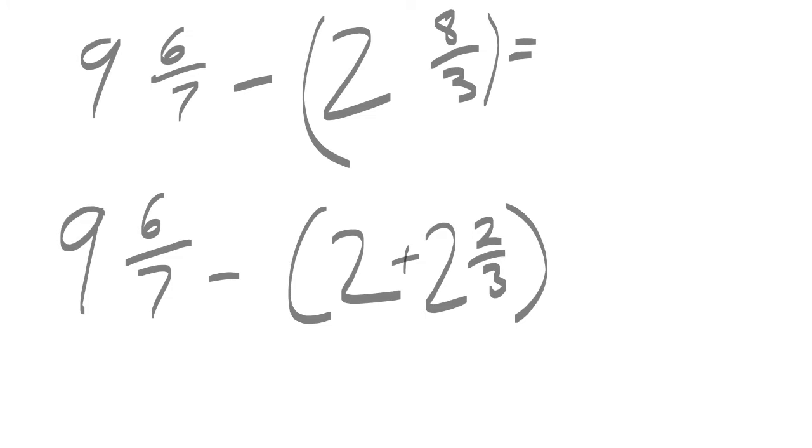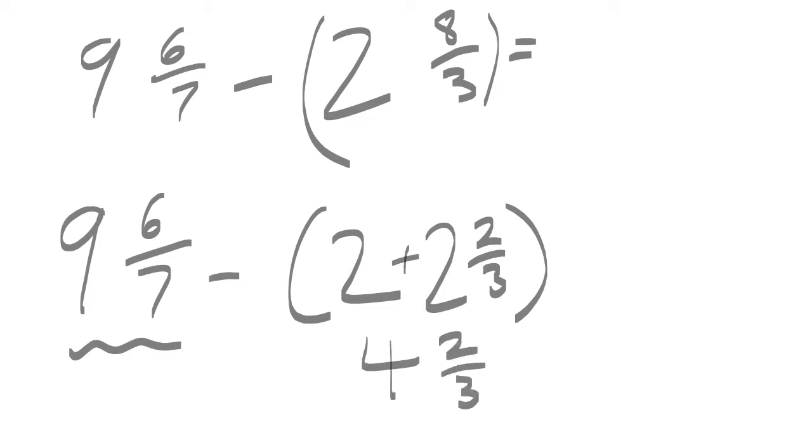So now we've bracketed it, we can work out the sum a little bit better. It's 9 and 6/7 take away, well, 2 plus 2 and 2/3 is 4 and 2/3.